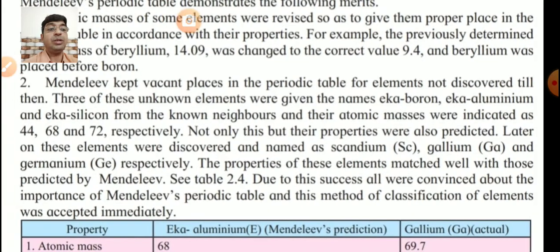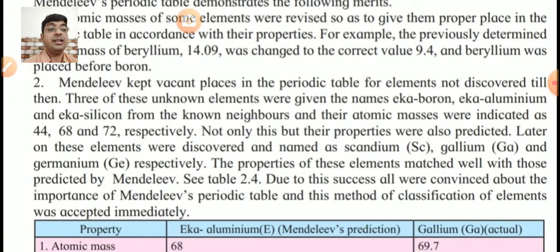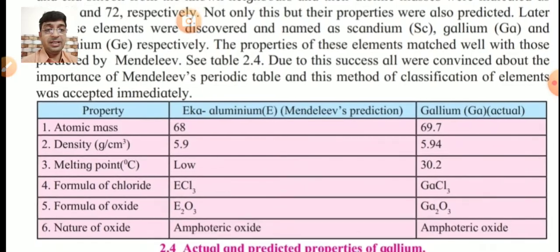The properties of these elements match well with those predicted by Mendeleev. See table 2.4. Due to this success, all were convinced about the importance of Mendeleev's periodic table, and this method of classification of elements was accepted immediately. Now see this table.